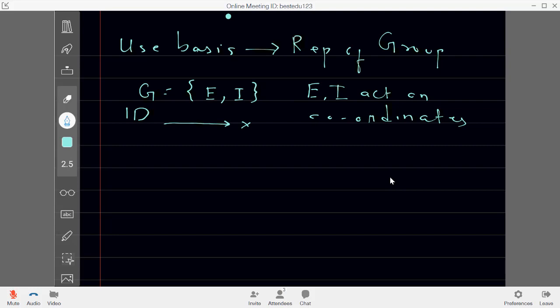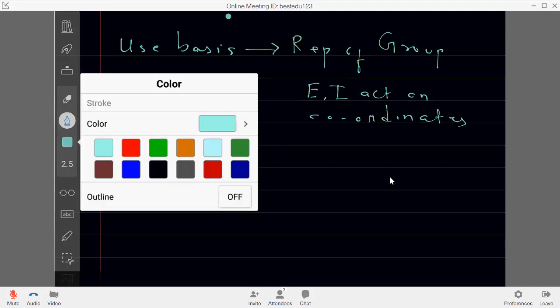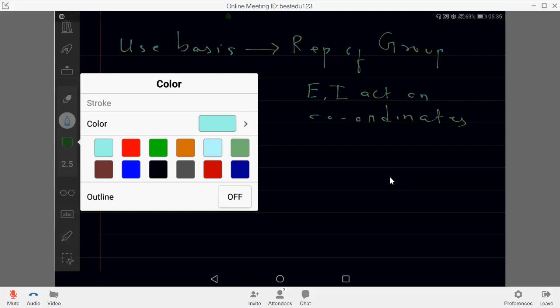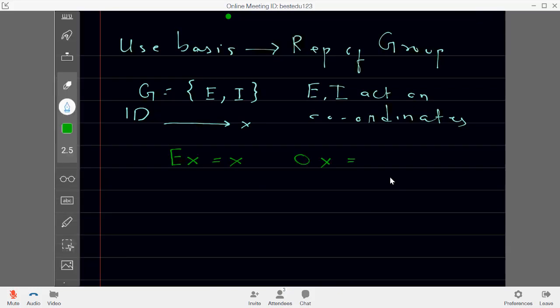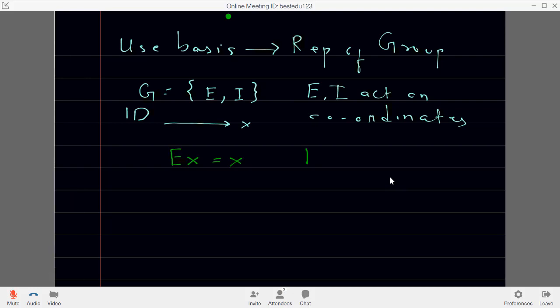But if I acts on an element x, you get minus x. Okay, so this is how the group elements act on the coordinates.